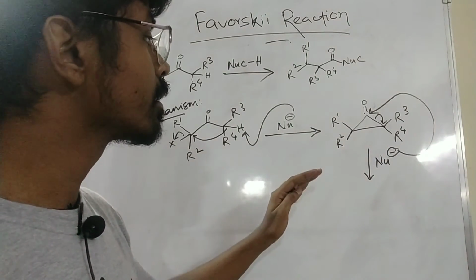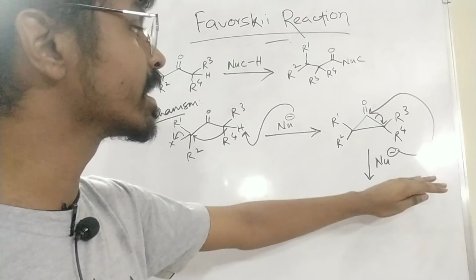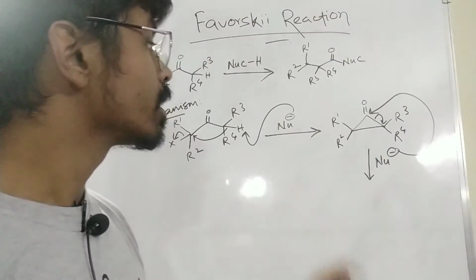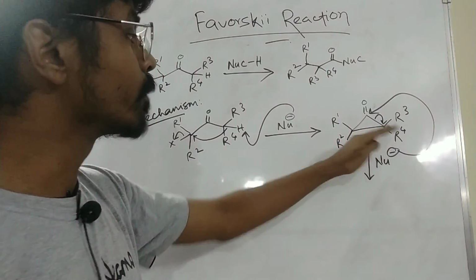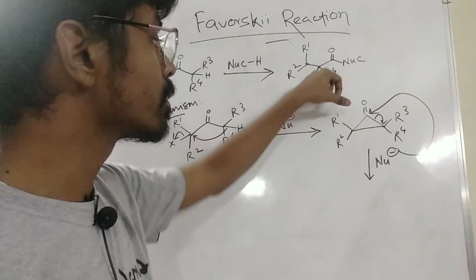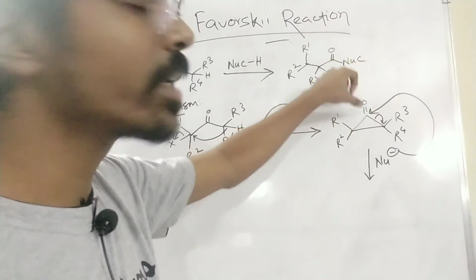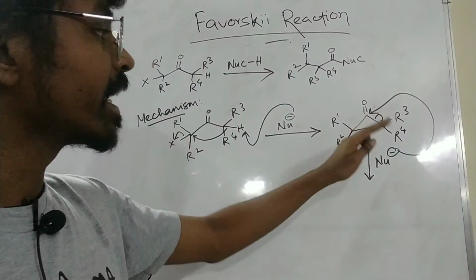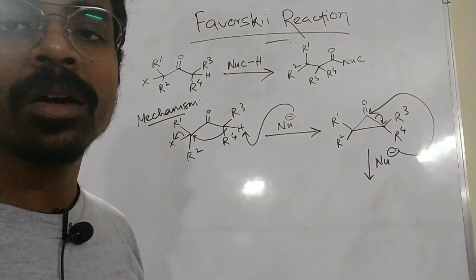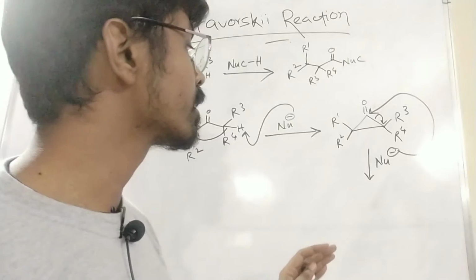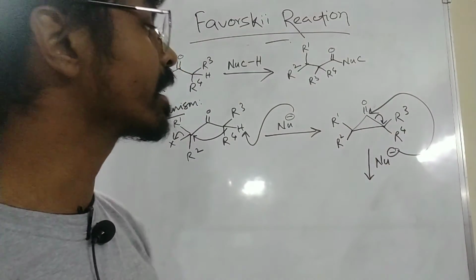The main thing is that the selectivity will depend upon the nature of the substituent. On whichever side the generated carbanion gets stabilized, on that side only the ring will break. Okay, I will give an example later to clarify on which side the ring can break.